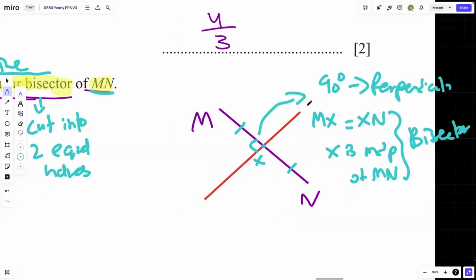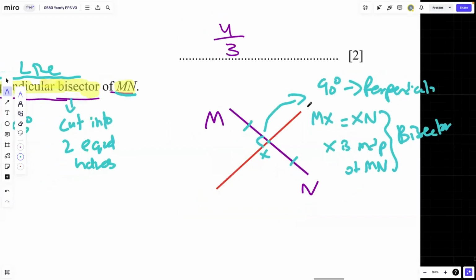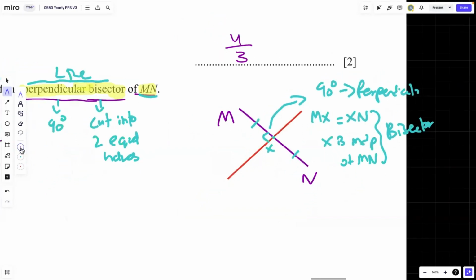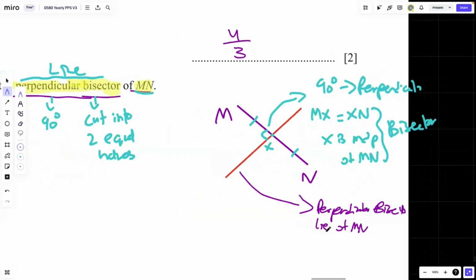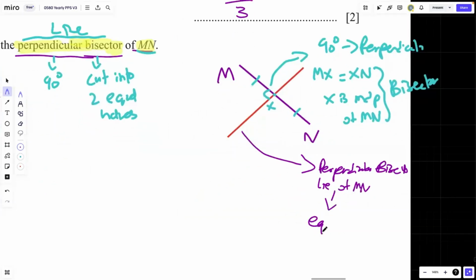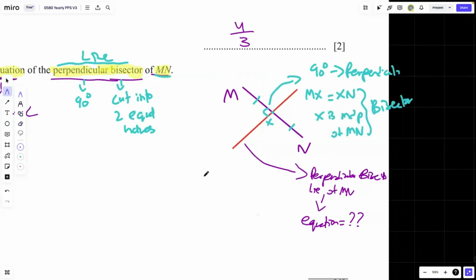That is the visual implication of what you understood. So to sum it up, the red line is actually the perpendicular bisector line of MN. And now we need the equation for this line, because that is what the question is asking.